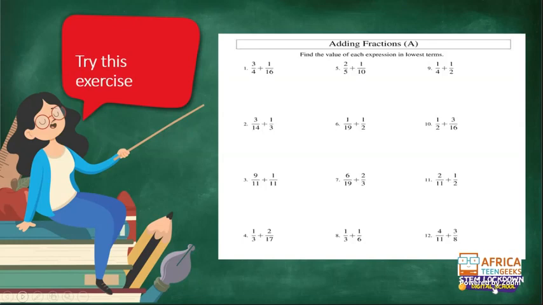So now you have like terms, which is 9 over 42 plus 14 over 42. So 42 here is your lowest common multiple. Okay? 42 will be your lowest common multiple. So now you add 9 over 42 plus 14 over 42, which will then give you 23 over 42.